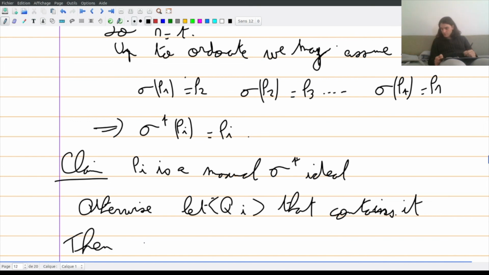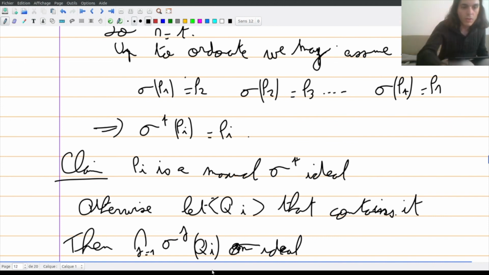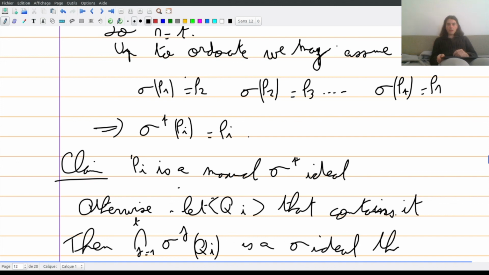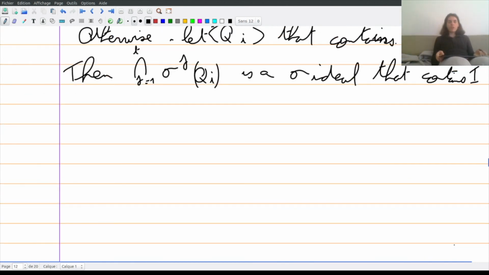Then the intersection of the sigma j of Qi is a sigma ideal that contains I, and remind that I is maximal.